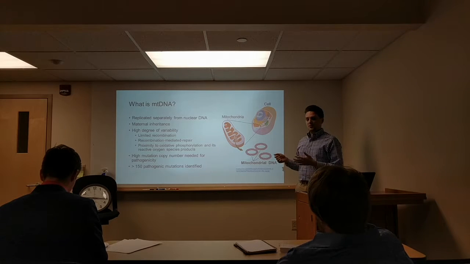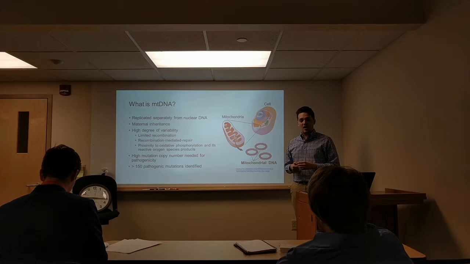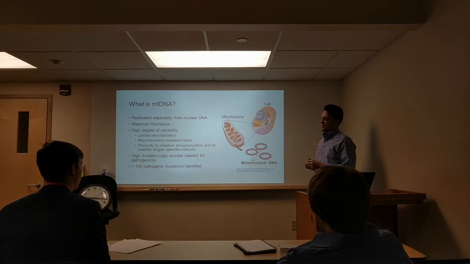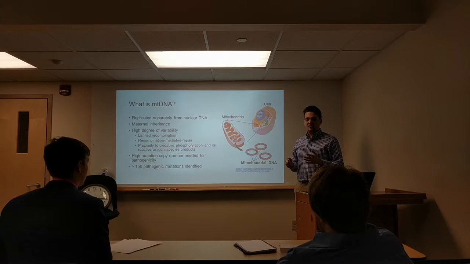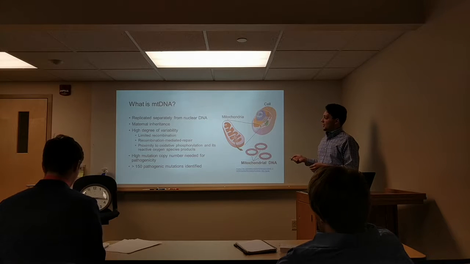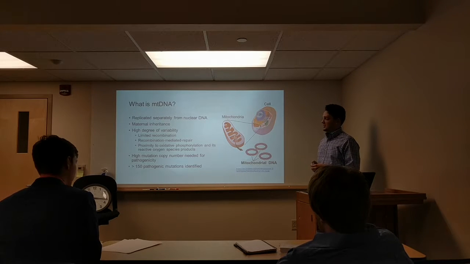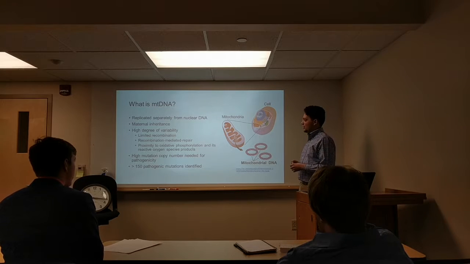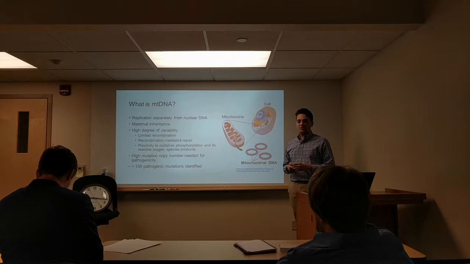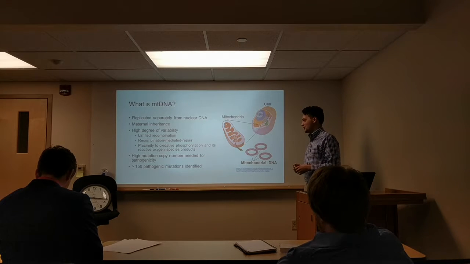This means that there are fewer chances for recombination-mediated repair events to take place, which means that when mutations do occur, there's less of a chance for them to be fixed. Additionally, the mtDNA's proximity to oxidative phosphorylation and the reactive oxygen species that produces can increase the possibility for mutations to occur.